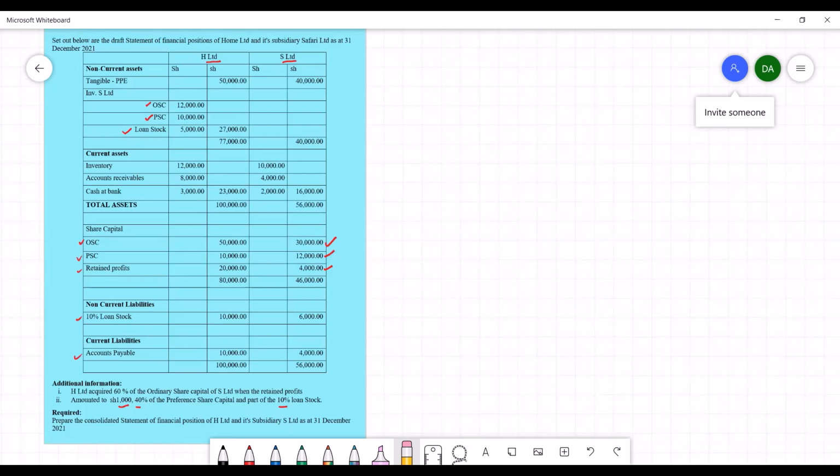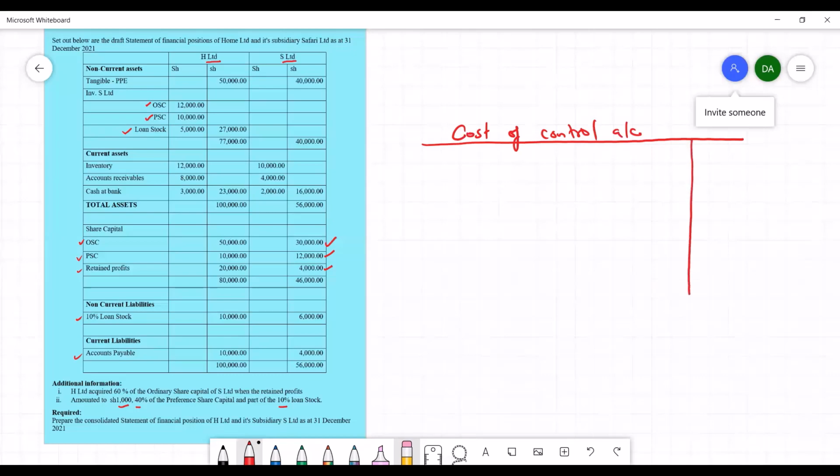In the cost of control account, we have the following. We can prepare the cost of control account using the vertical method or sometimes even the T account. If we are using the vertical method, we start with the investment in S Limited.